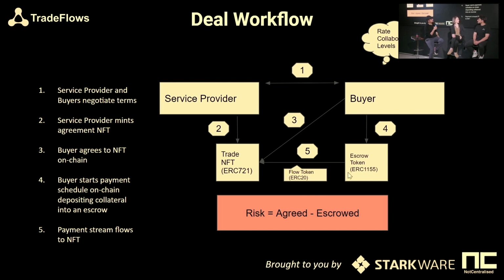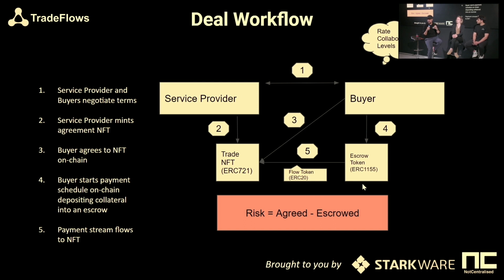Now, that's basically just a standard deal, and it has a lot of benefits. It gives both the service provider and the buyer a lot of transparency. Mostly, the service provider has the transparency of knowing that funds are actually available and that they're escrowed, so they're earmarked. But the buyer isn't actually paying in advance because they still control the money.